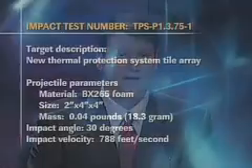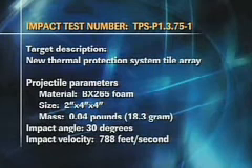In the next series of videos, what you'll see is a new TPS tile array. We'll be striking it with a bit larger piece of foam. It's a 0.04 pound mass of foam. We'll be impacting at an angle of about 30 degrees and an impact velocity of almost 800 feet per second.